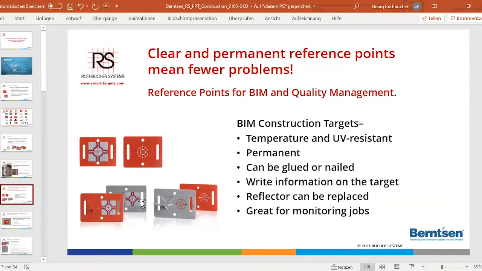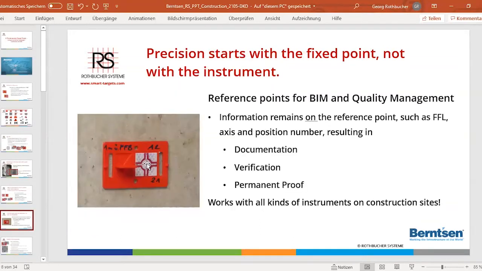You can put a target reflector in exactly the same position again. So now you can use a waterproof pen, or you can also use a punch number if you want. You put all this information on the target, you glue it on, and now you can see that here we have a protrusion where you can put a ruler or a level staff when you are working with a level.